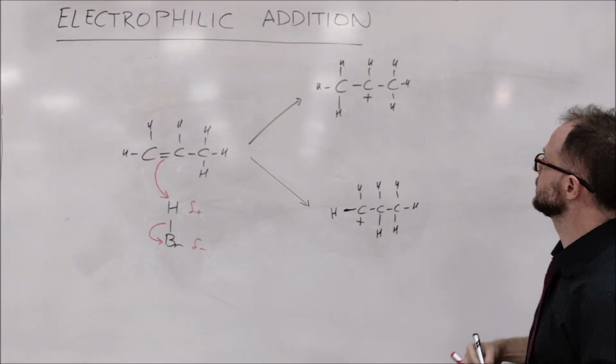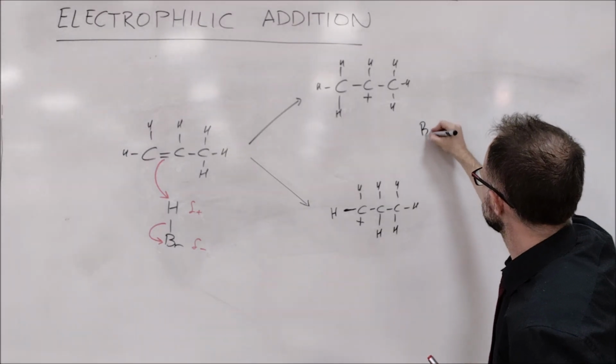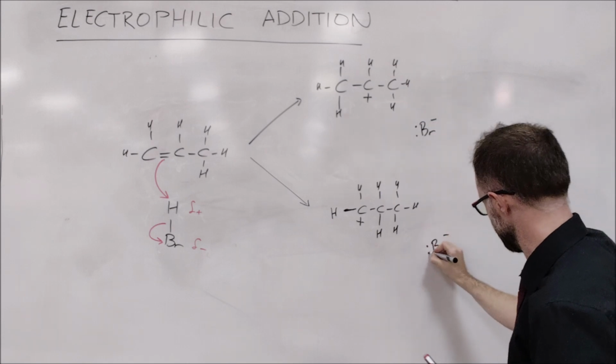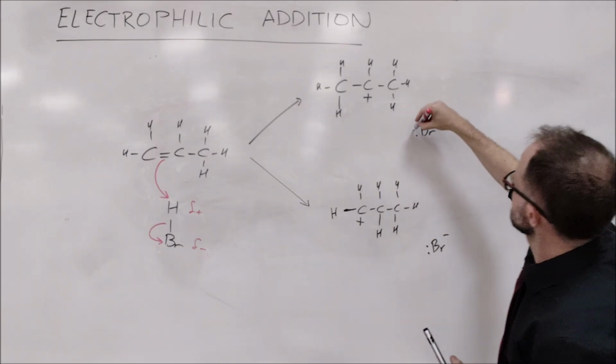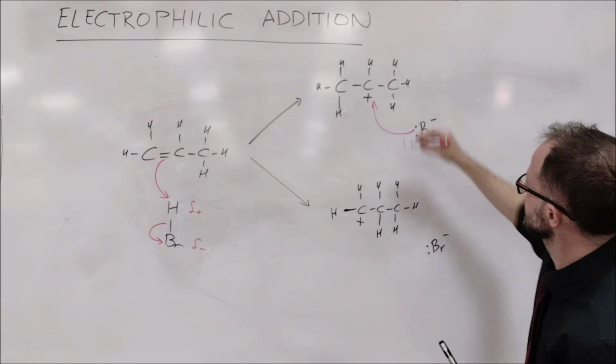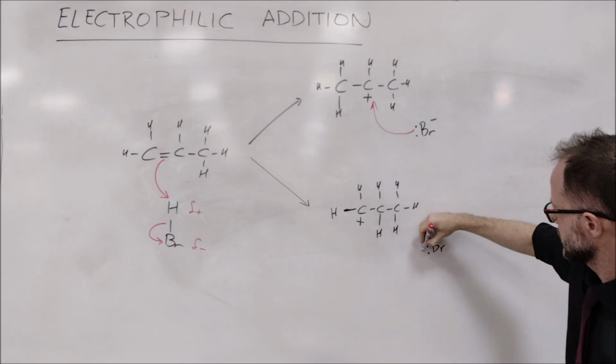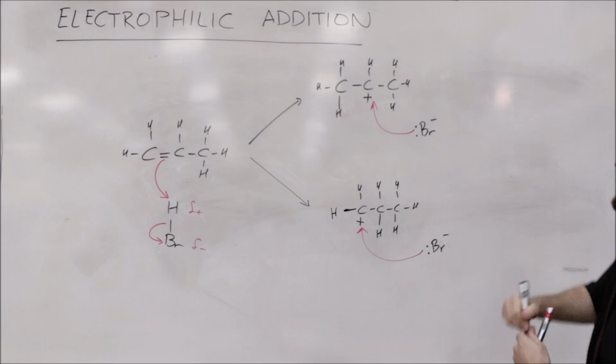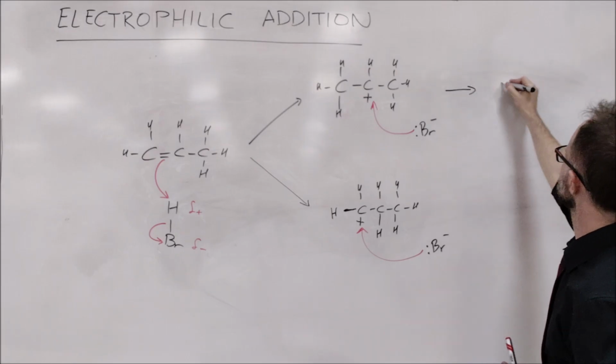The rest is the same. We have the bromide here, patiently waiting for the carbocation. 2 electrons move into that position there. That's a double-headed arrow. Into there like that. And we end up with 2 different products.